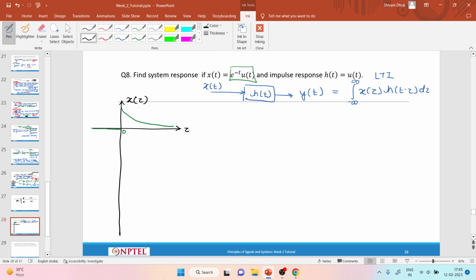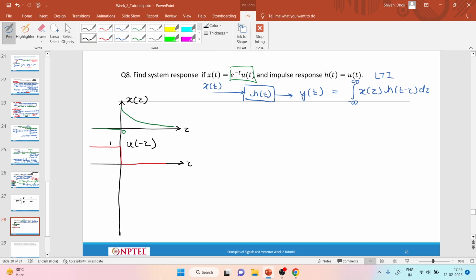The next thing that we need to look at is my impulse response, but the first thing that we need to do with it is flip it. If my impulse response is u of t, its flipped version is u of minus t, which will look something like this, and its amplitude is 1, and this is u of minus tau.